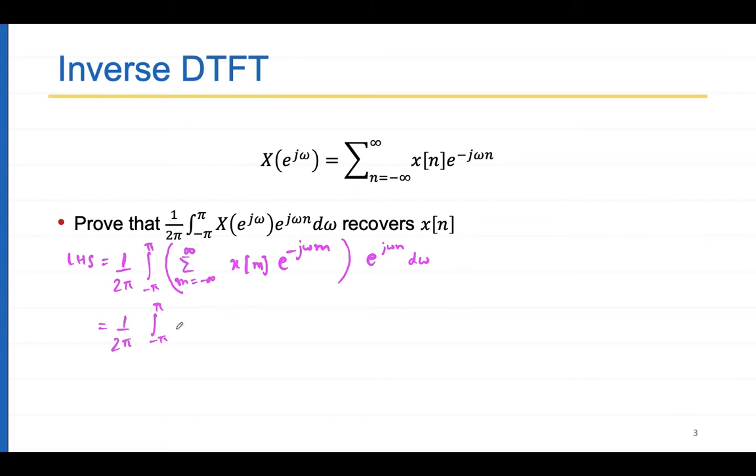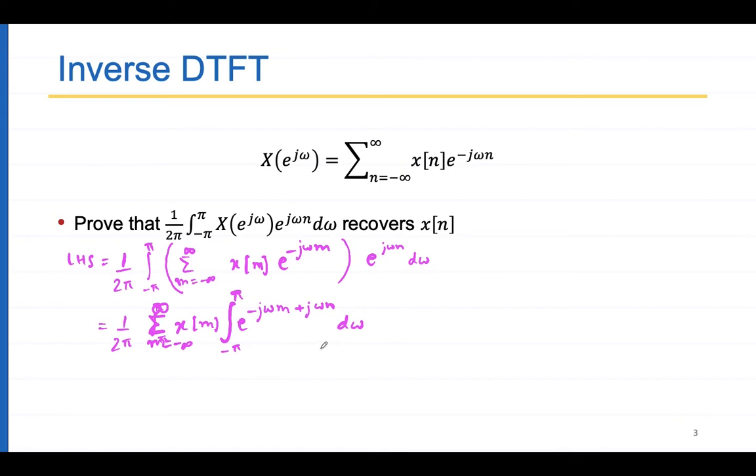Let's take the integration in and the summation out: x[m] e^(-jωm + jωn) dω. If I consider only the ω terms, I can take the integral in, and the summation out. And what is this term now?